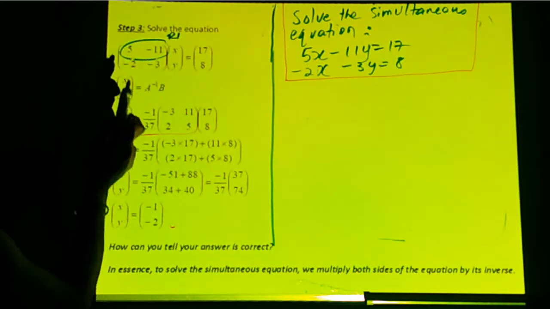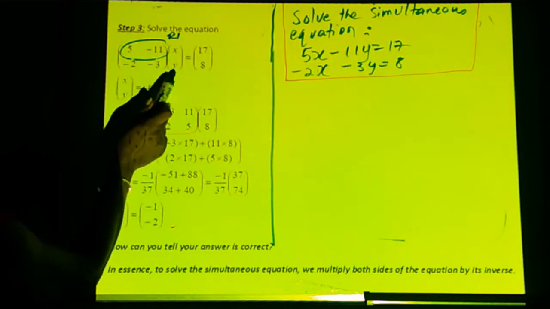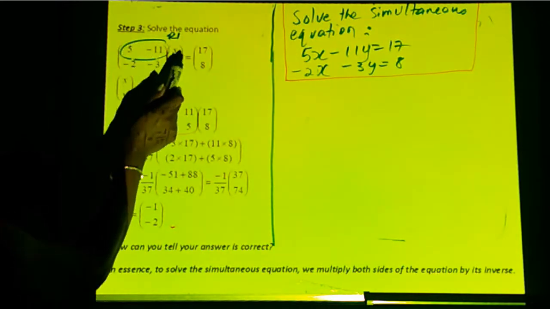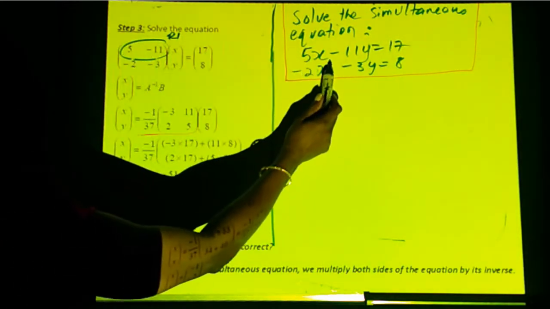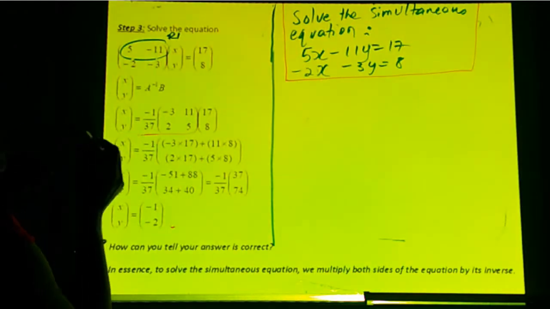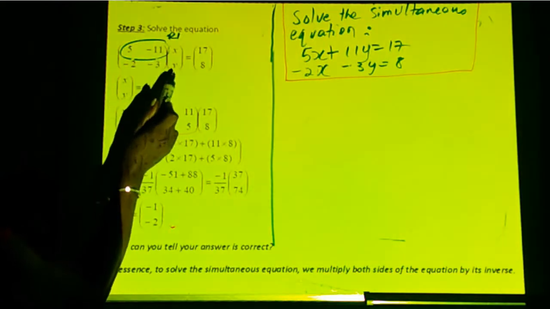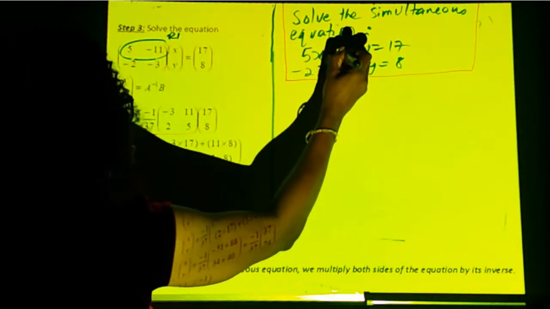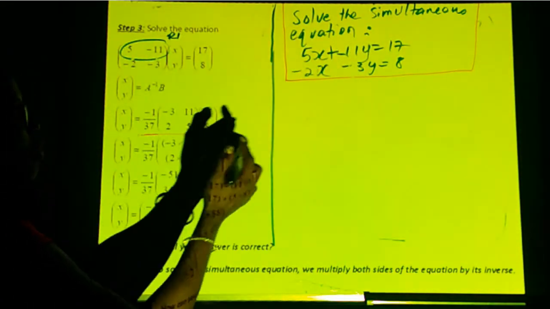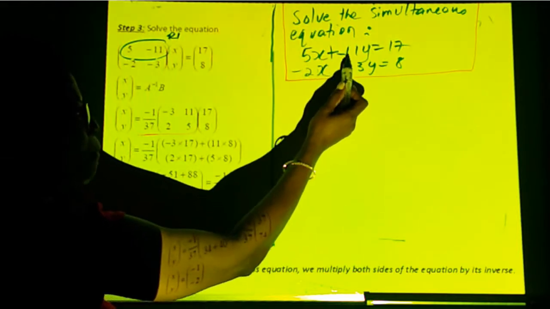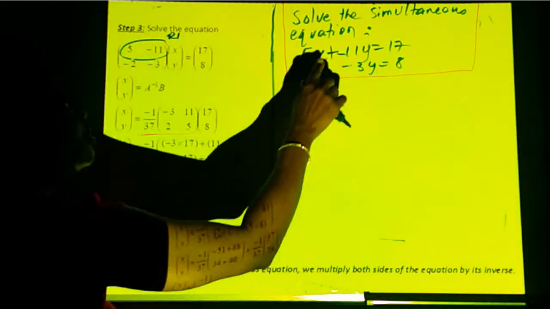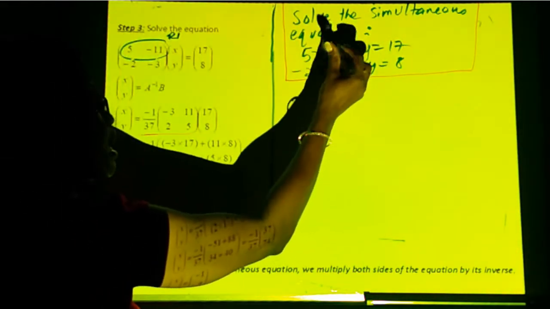So if we multiply first with first and second with second, we'd have gotten 5 times x is 5x plus negative 11 times y is negative 11y. But I hope you know by now that a plus and a minus combine to give you a minus sign.